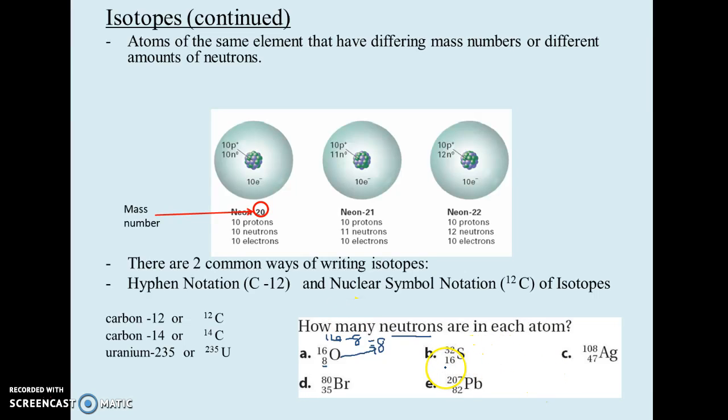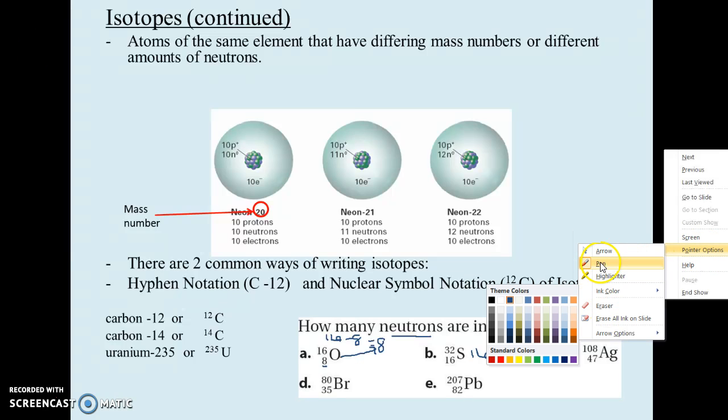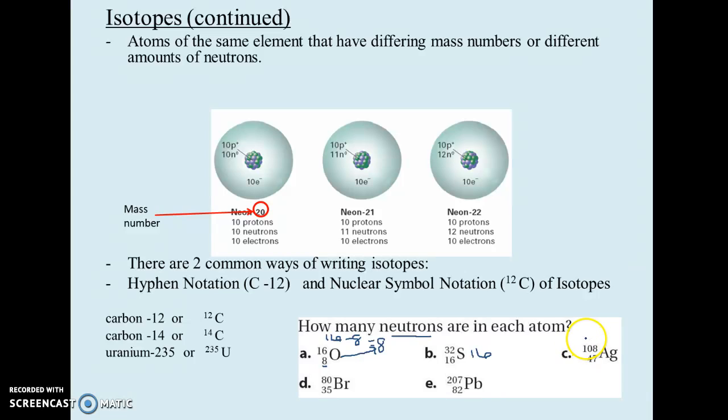Here, 32 minus 16 means we'd have 16 neutrons here. And here for silver, we'd take 108 minus 47. Oops, sorry, pen. And we'd have 61 neutrons.